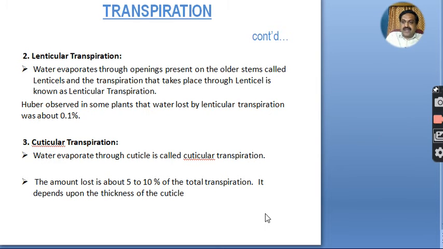As told earlier, the magnitude of cuticular transpiration is less when compared to stomatal transpiration, amounting to about 4 to 10% of the total amount of transpiration.